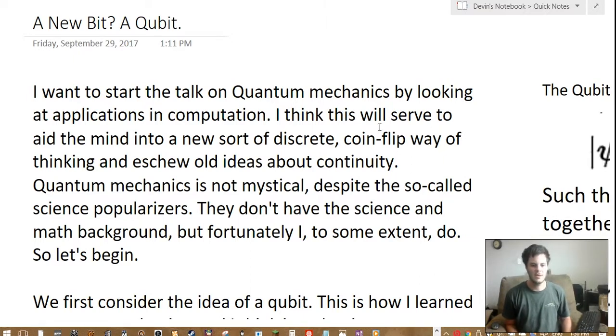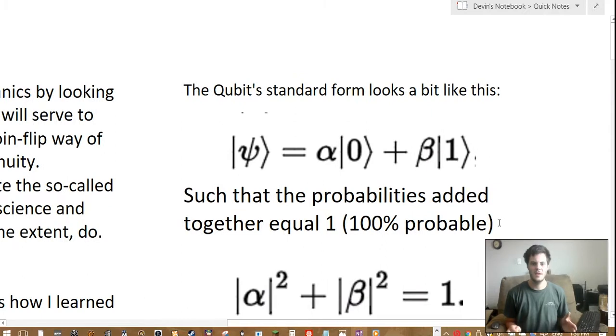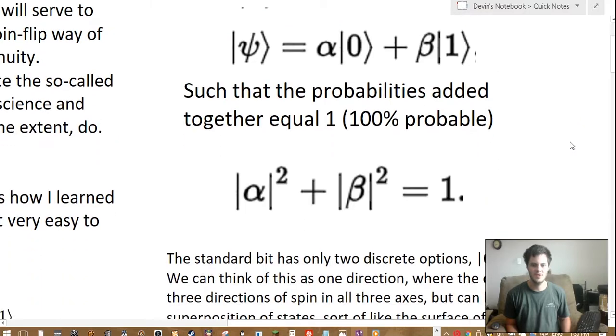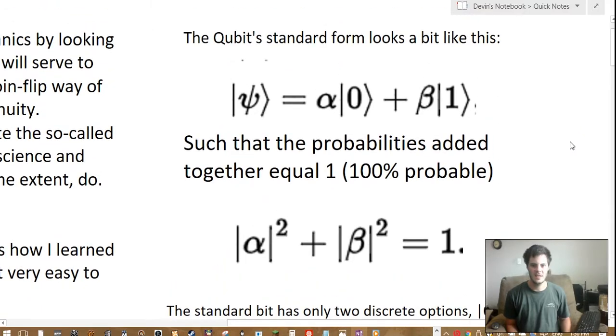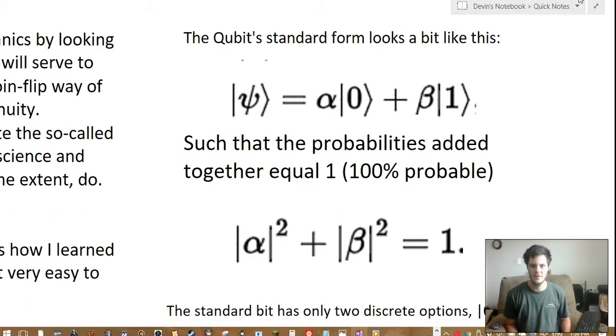So I'm going to introduce this idea of a qubit. First of all, we have the idea that you can have states, okay? You can have a superposition of states, and you can have the states added to each other, all right? So, pretty easy to think of.